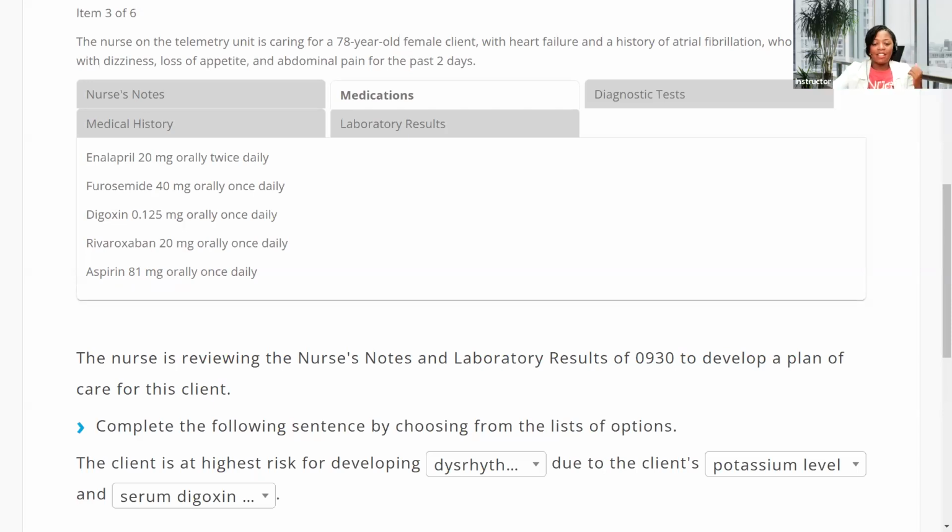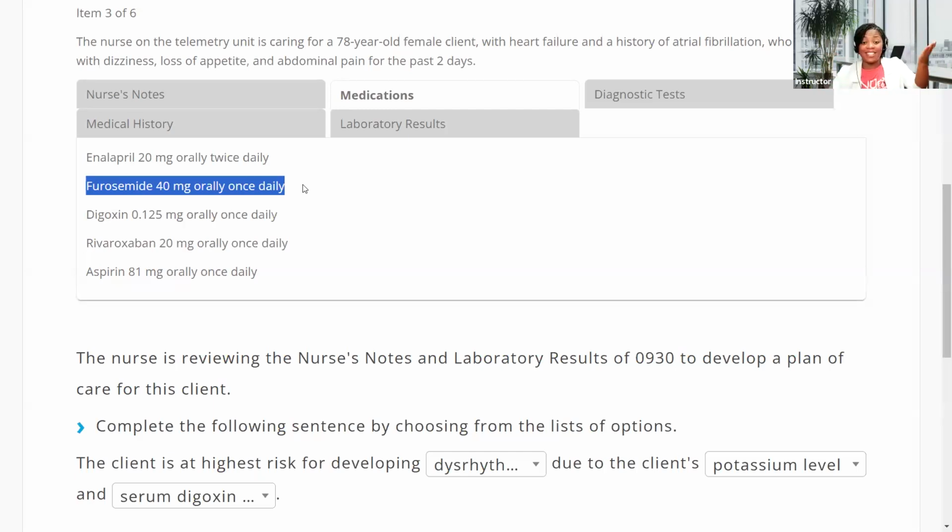So, yes, the furosemide. This right here is not a potassium sparing diuretic. It's a diuretic. So whenever we urinate, we actually urinate sodium and potassium, and that's what she's doing.